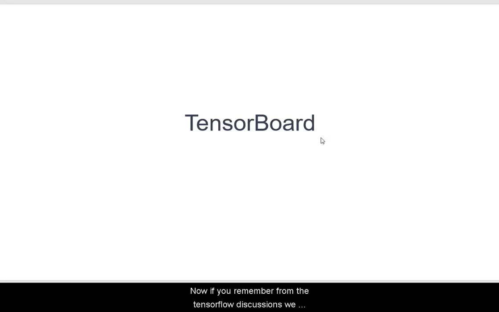Now, if you remember from the TensorFlow discussions, we know that TensorFlow programs can range from very simple to very complicated problems which have thousands of computations. And in TensorFlow, there are two basic components for any program, which are operations and tensors.